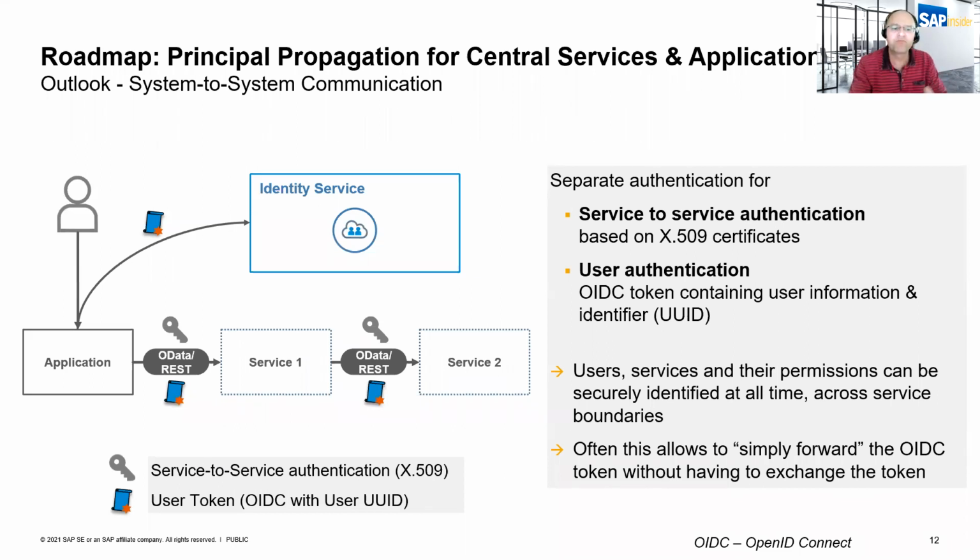And here again, entries need to be written to these subsequent services, where it is crucial that the user can be uniquely identified. This is why we are working on a model to seamlessly establish such subsequent system-to-system communication with principal propagation.